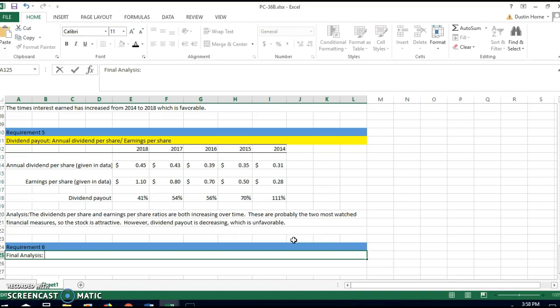So what we could say here in our final analysis is XYZ's trend of net sales revenue, net income, inventory turnover, earnings per share, and times interest earned has improved.